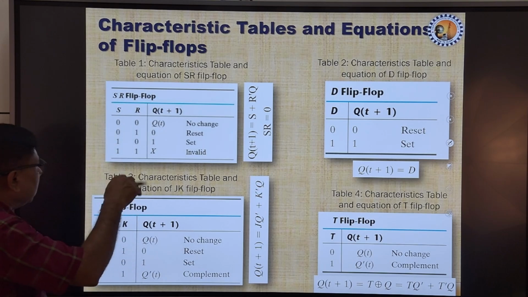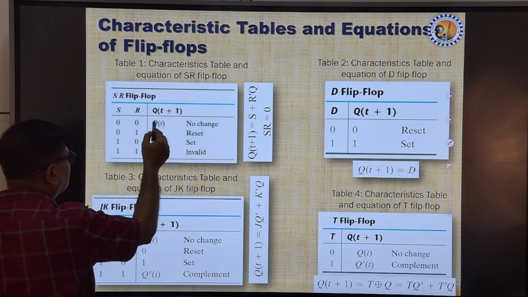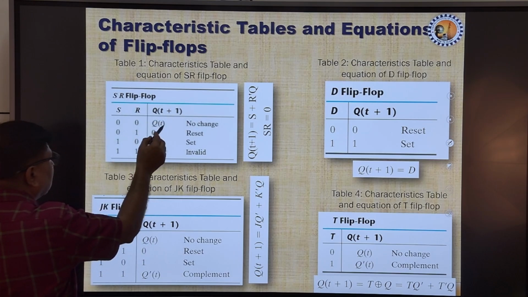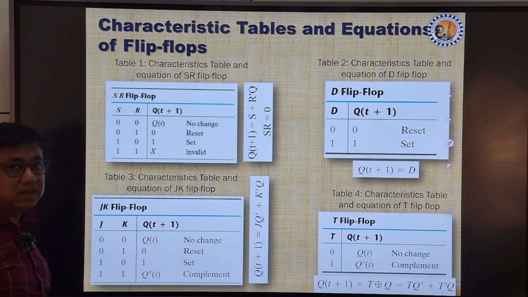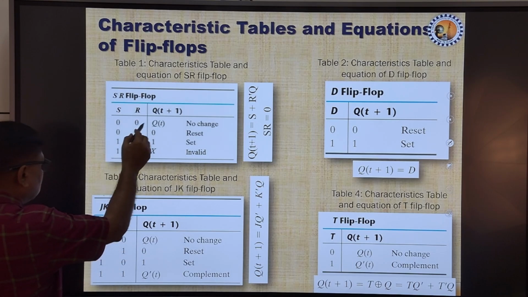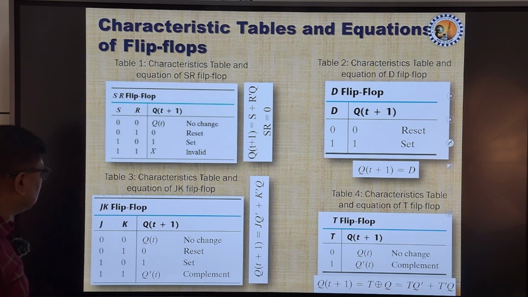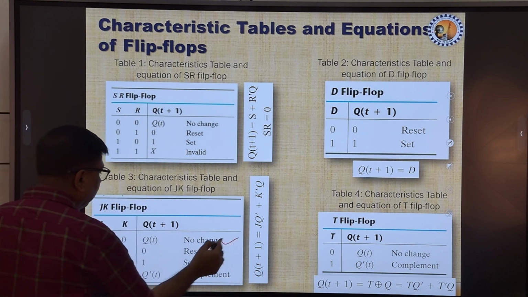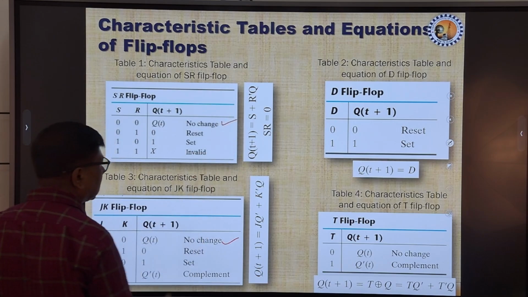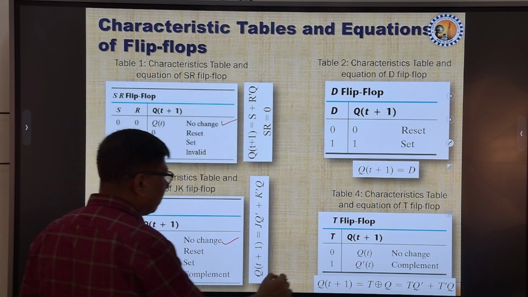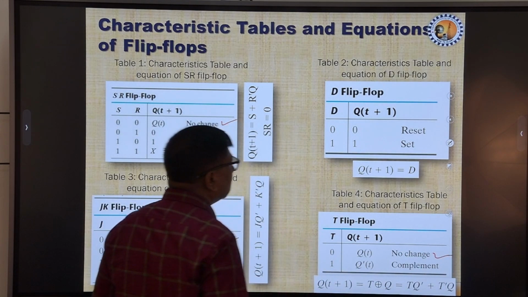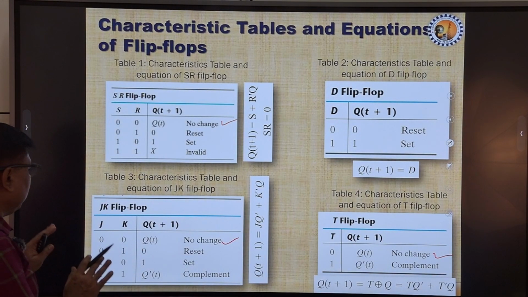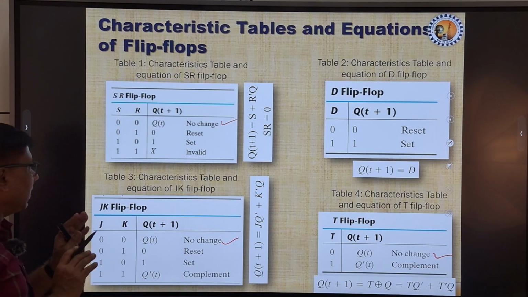So, what will be the next state? That is referred to as Q(t+1). We can see that there is no change in the state. This condition is true for the JK flip flop also, SR flip flop, and even for the T flip flop. So, for all these 3 flip flops, the no change condition is applicable.